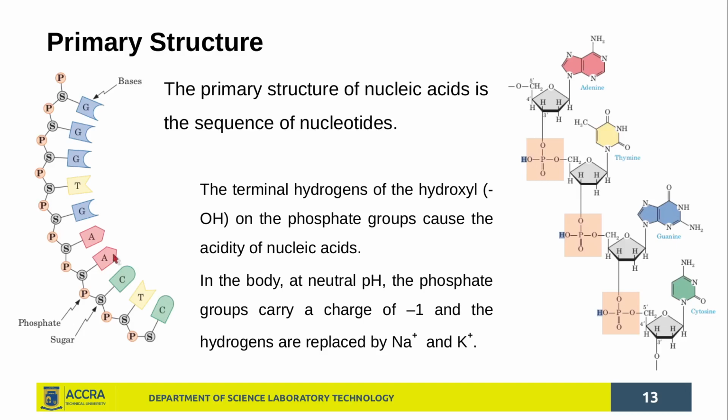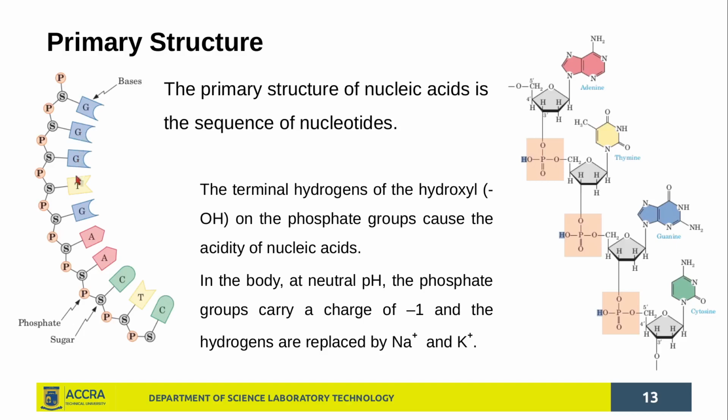Now, what it means is that you can state the sequence of the nucleotides in a nucleic acid chain by just using the letters. So if you see G, G, G, it means guanosine, guanosine, guanosine being bonded. One guanosine bonded to the other, which is also bonded to another guanosine.